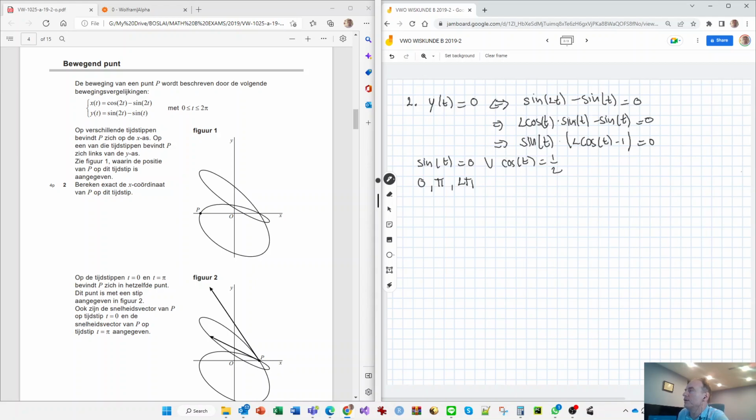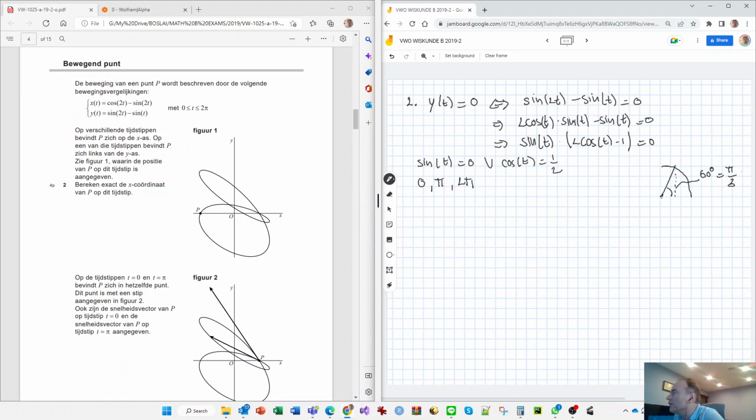Well, you can either use your knowledge of the unit circle, where the cosine is the projection on the x-axis, so right in the middle. So that will be this angle, which is 60 degrees. Or, since pi is 180, this is pi over 3.